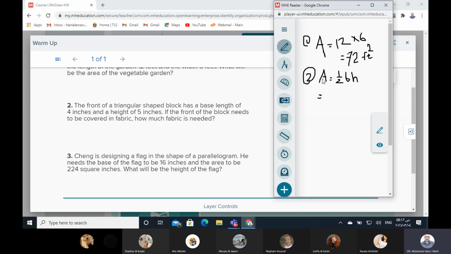So the rule to find the area of the triangle, the rule A equals 1 over 2 times B times H. So substitution now, 1 over 2 times the base length of 4 inches, so times 4, times the height 5. 4 times 5, 20. 20 times 1, 20. 20 divided by 2 will be 10 inches squared.